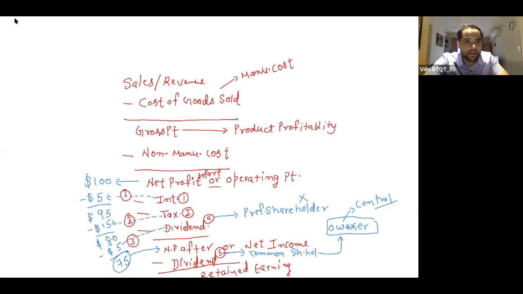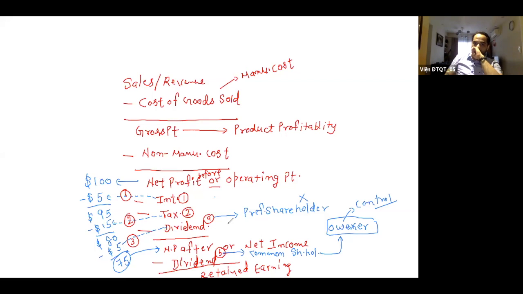Okay. So now we move on to net profit after. Why we call it after means after paying interest, tax, and preference dividend. Before means before paying interest, tax, and dividend, right? So we call it net profit after, or net income. Net income means net profit after.